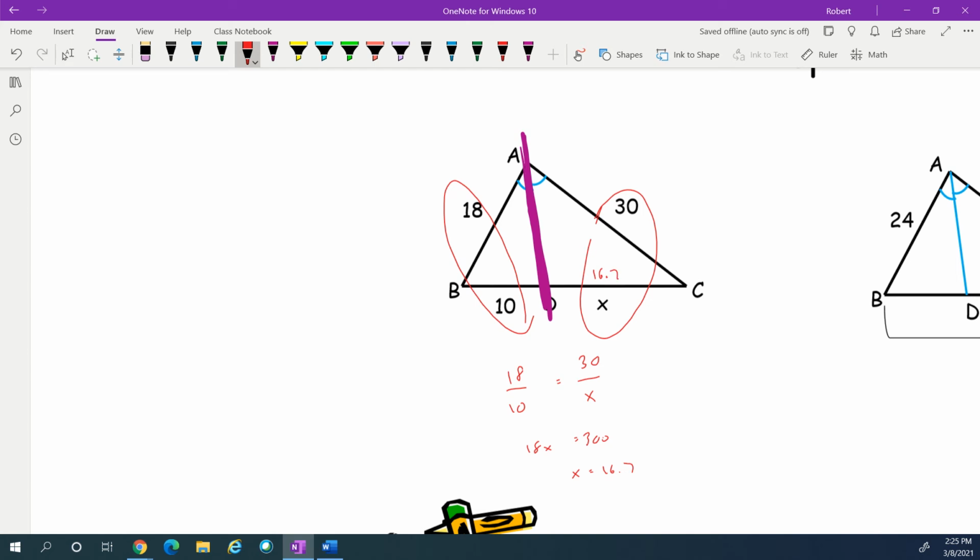The side 18 is smaller than the side 30. So the portion 10 is smaller than the portion 16.7.